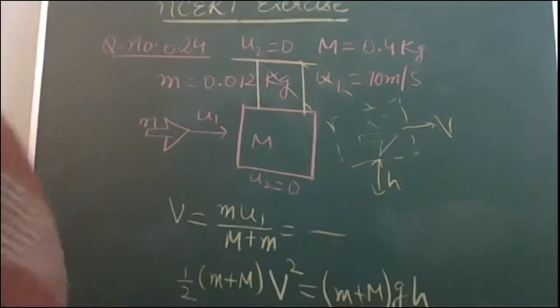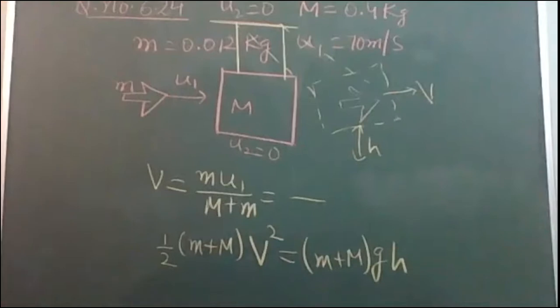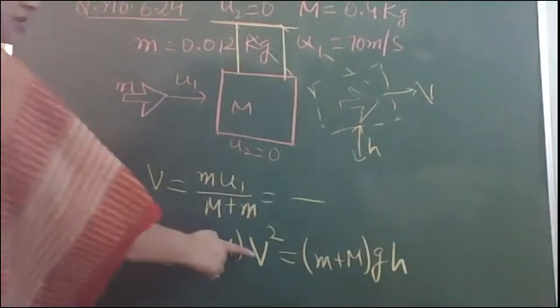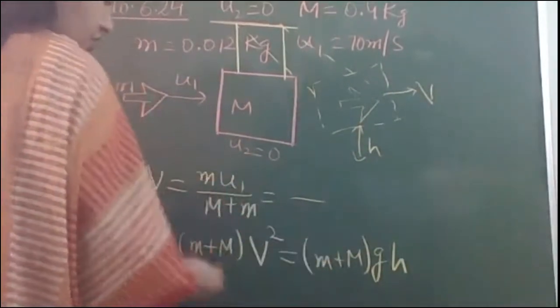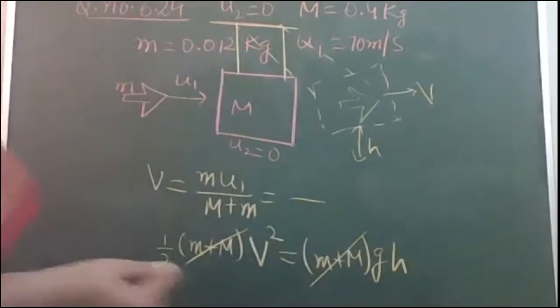So our equation becomes half (m plus M) v square is (m plus M) g h. (m plus M) gets cancelled on both sides. So we are getting a very simple equation left behind. h is equal to v square by 2g.